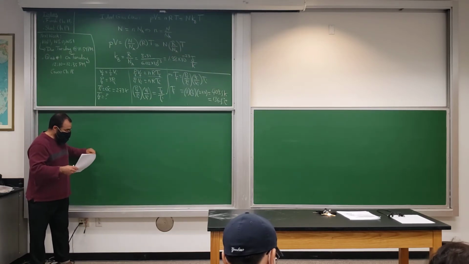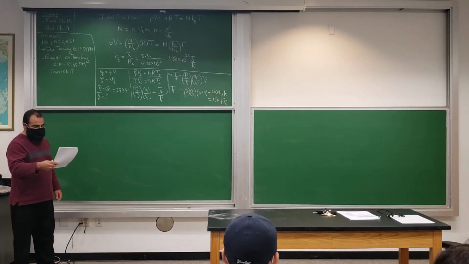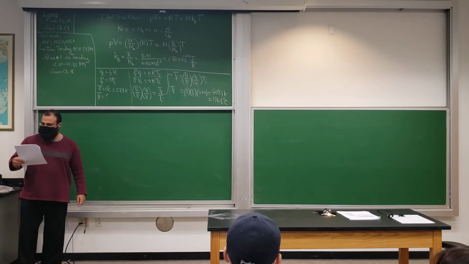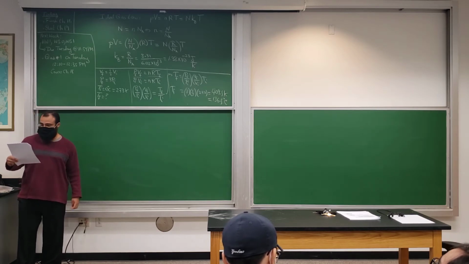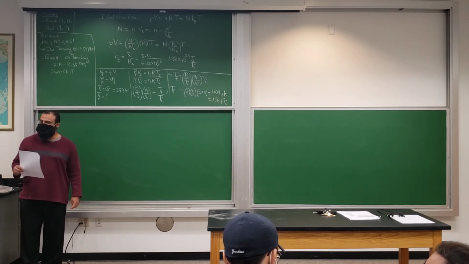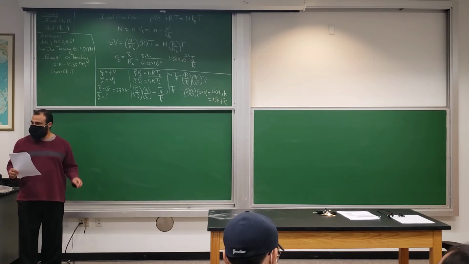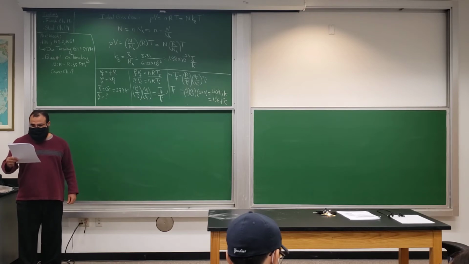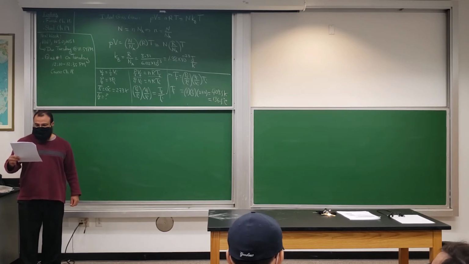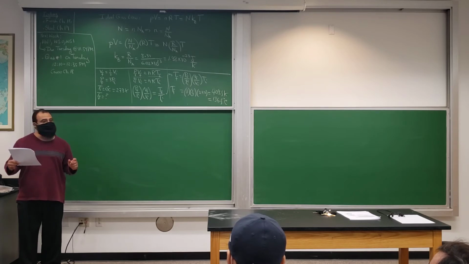Let's get to an example which has two processes. You have a gas initially at 2 atmospheres of pressure. Again, atmospheres is not a good unit. We want to immediately change it to pascals. And it has an initial temperature of 200 degrees Celsius. And then it's expanded isothermally.